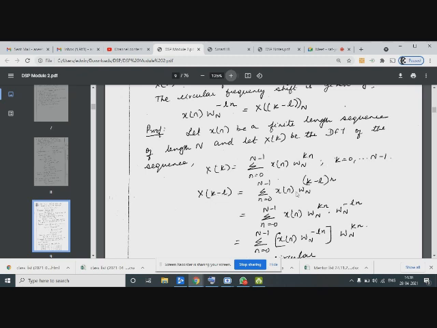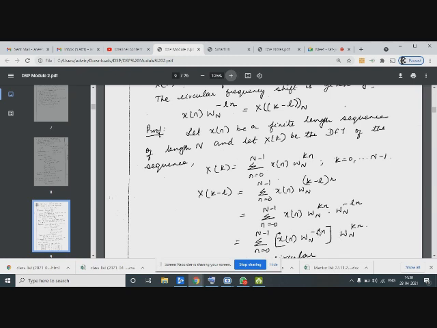X of k minus L means wherever there is k, you replace it with k minus L. Got this step, all of you? This is the same as the time shift we proved. Then x of n W_N power kn into W_N power minus L n. You split the exponential term, that is, split the powers.